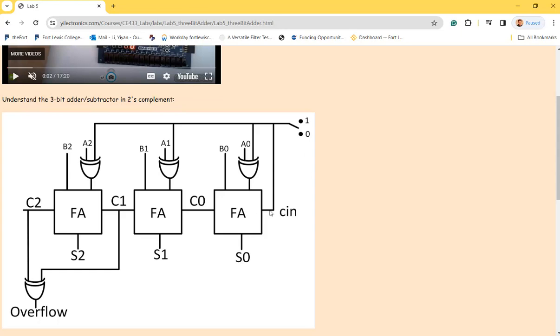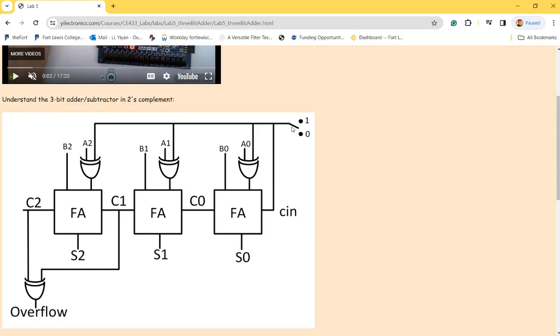Okay, one quick question here. If you want to do subtraction, what's the switch input? You have already uploaded everything to the FPGA, and now you are adding two numbers. You want to turn that little switch controller off to do adding.